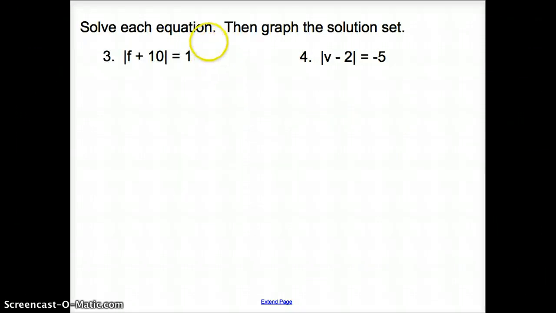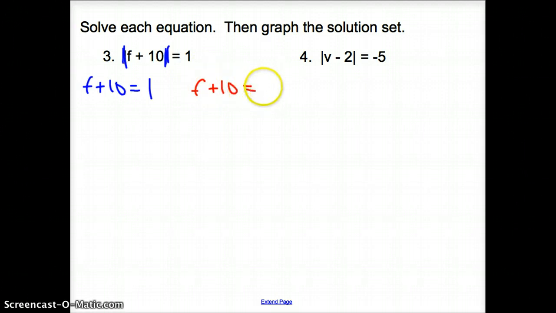Next, we are asked to solve the equation and then graph the solution set. Now we have to be careful with these absolute values. Remember, this can give us two different answers. So right away we have f plus 10, and that's going to equal 1. Next, we also have, and I'm going to put it in red, f plus 10 equals a -1.